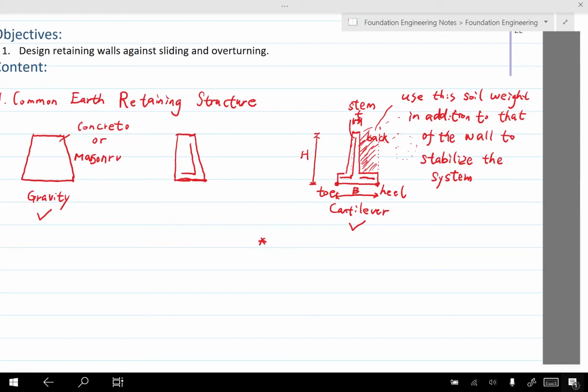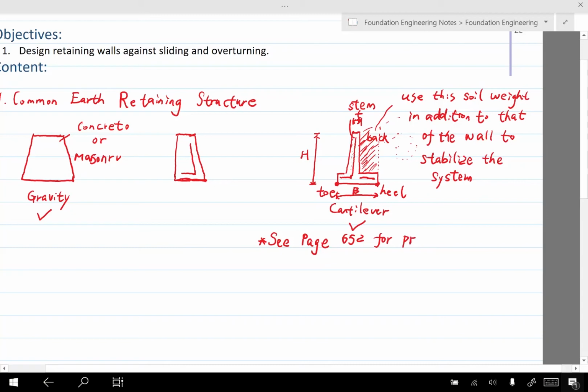For proportioning, there are some general guidelines. For example, for the T, the thickness of the top of the stem, you need to be greater than 1 inch to avoid difficulties for casting concrete, because we pour concrete from there. You can get such information on page 652 in your textbook.